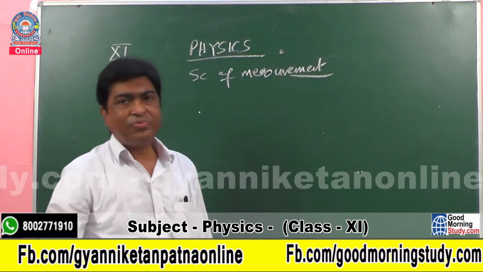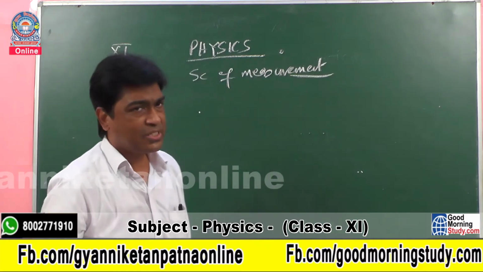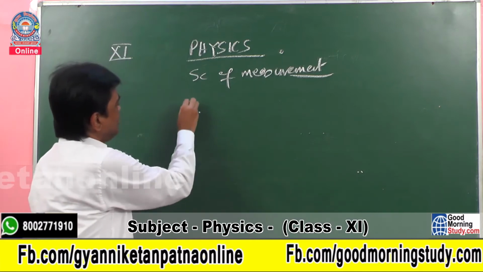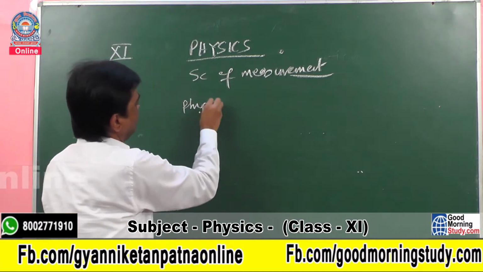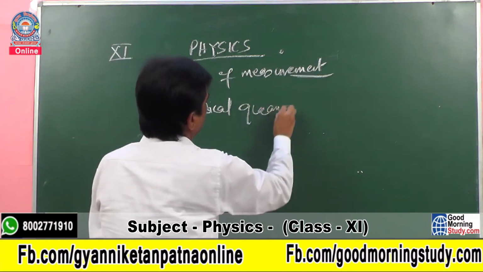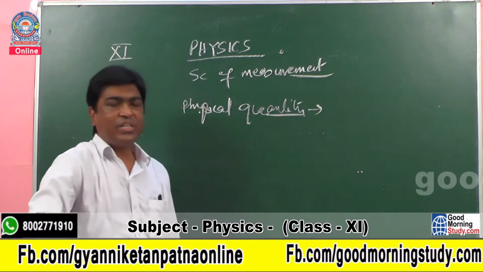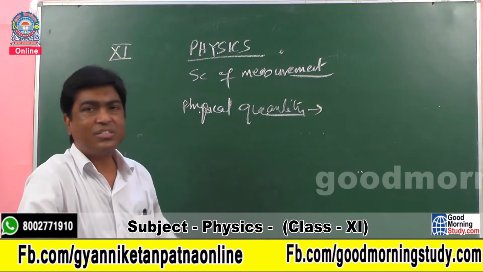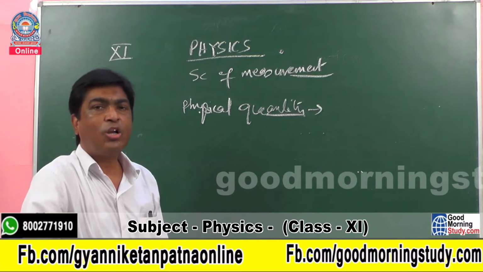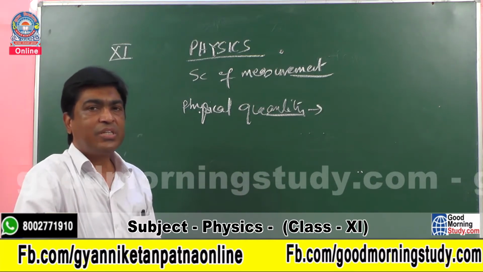To describe physics, we need some physical quantity. Then what is this physical quantity? All measurable quantity in the universe is called physical quantity.